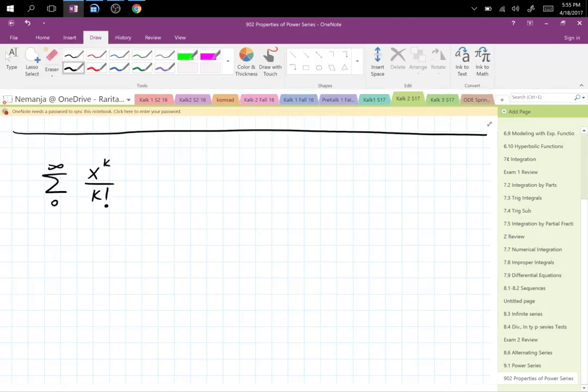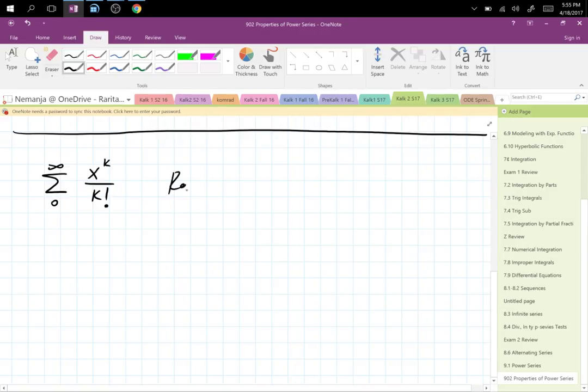Which test could we use to check for the convergence of this series? Well, we have a mix between the exponential and factorial. So which test are we using?